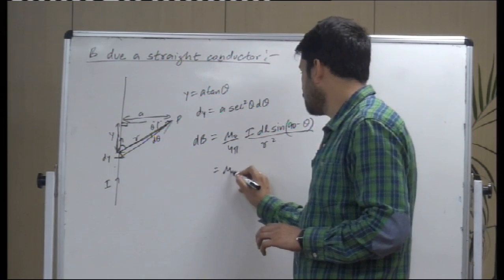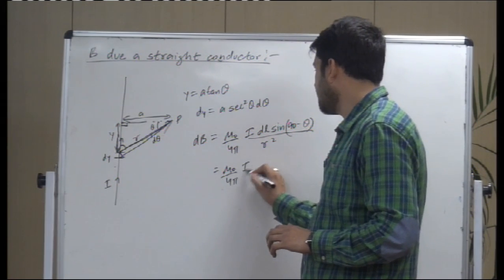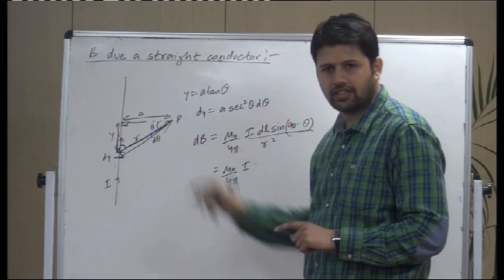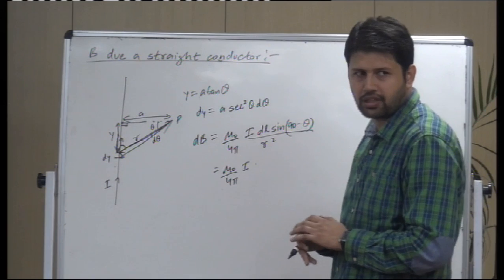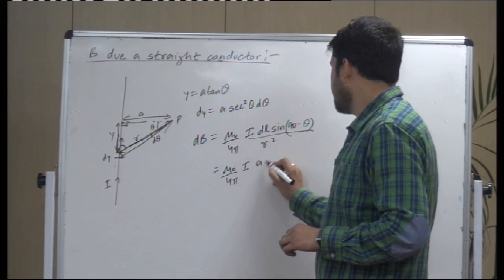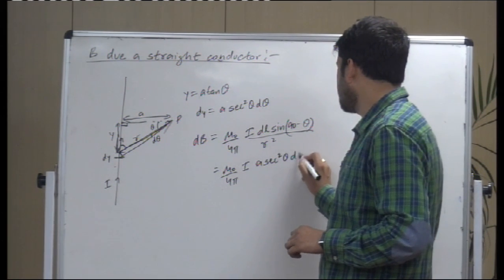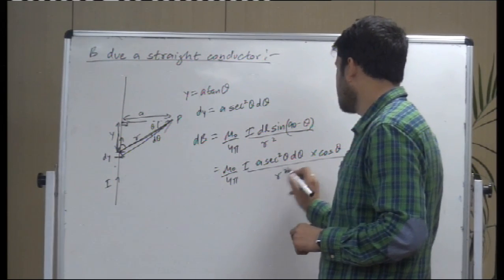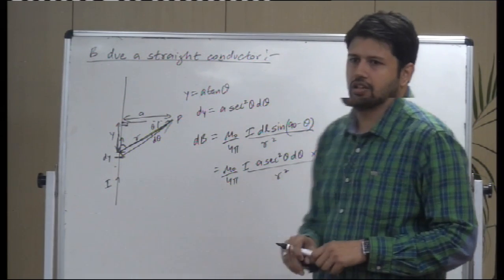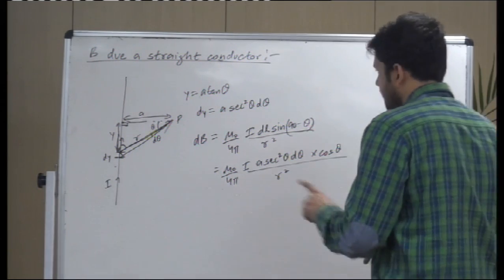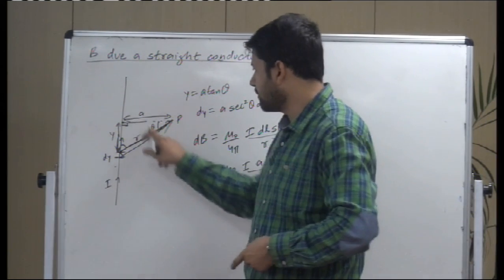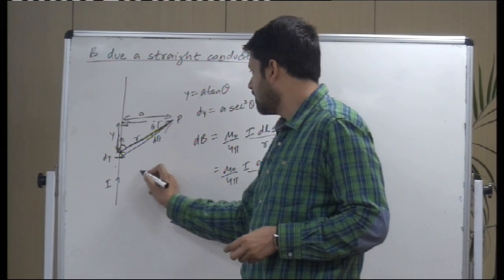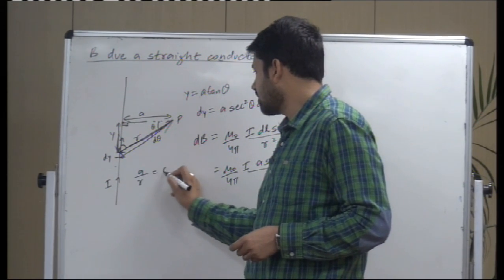So this is mu naught by 4 pi I, and dl is dy actually. We are calculating the field due to this small element. So this is a secant square theta d theta into cos theta by r square, where r can again be written from this triangle.